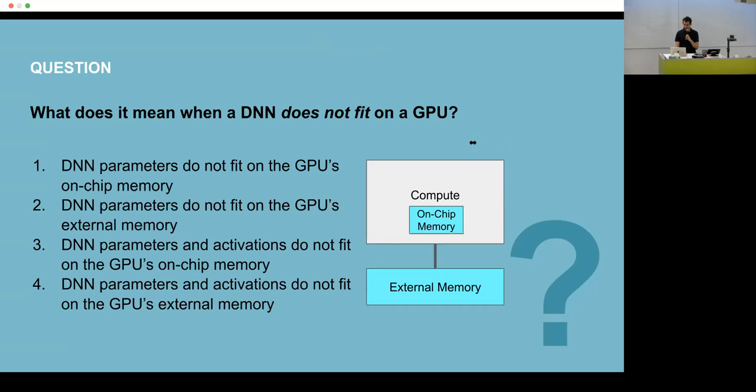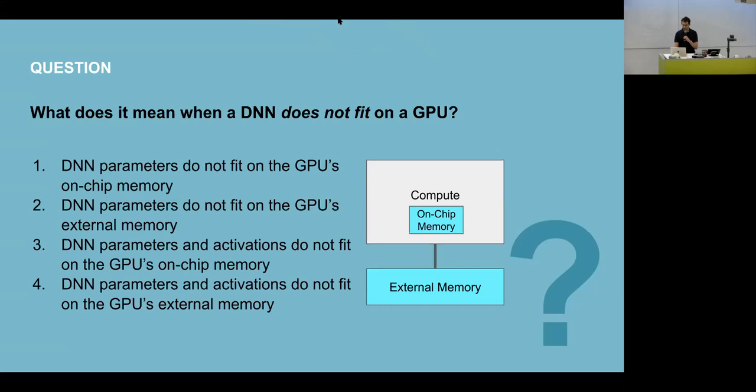A question: I'm hoping most of you have trained a neural network on a GPU before. What does it mean when you get a CUDA out of memory error, or your neural network doesn't fit on chip?